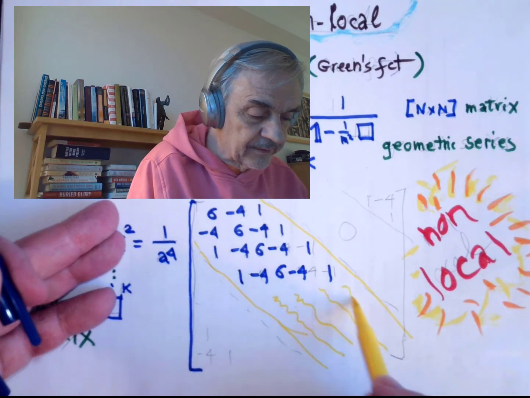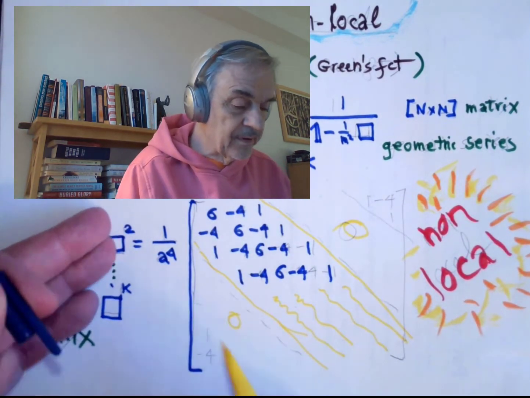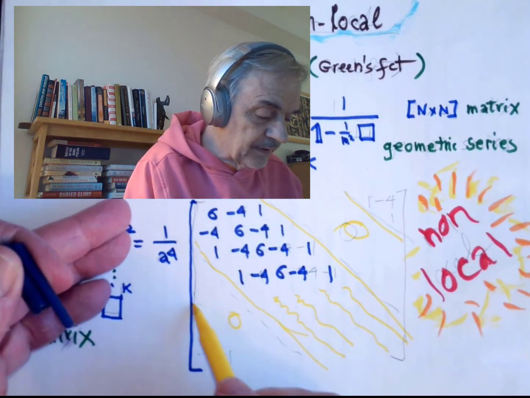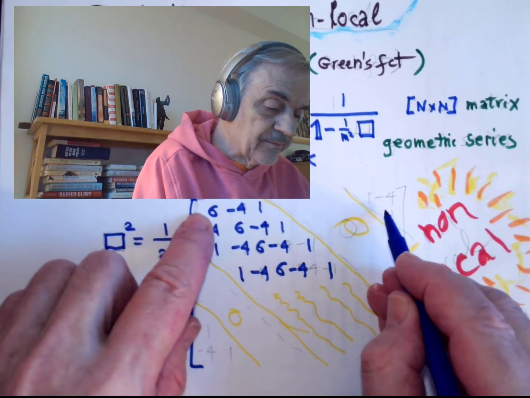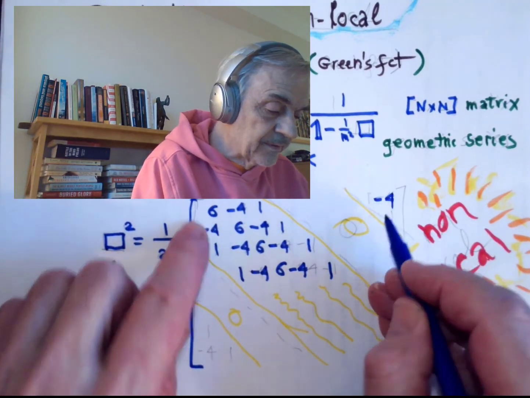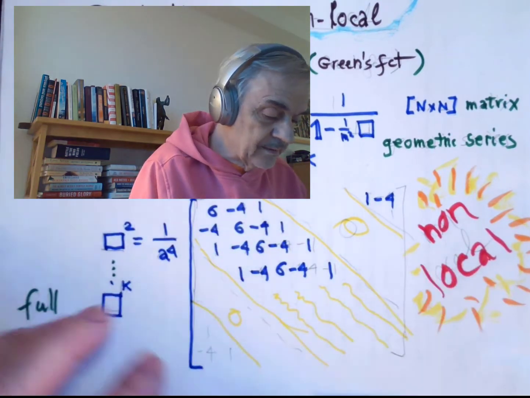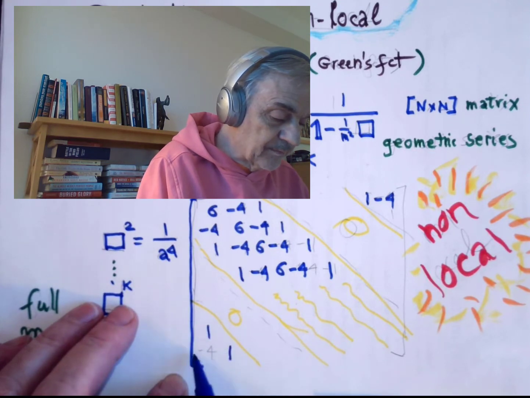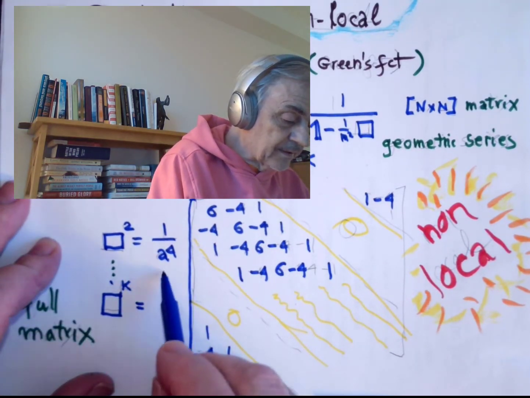All in all, there are 5 diagonals. Lots of zeros as usual. But then to assure periodic boundary conditions, in the corner here, there is a minus 4 that is just this guy shifted. And there is a 1. And same down here, 1, 1, minus 4. And you continue computing these guys.